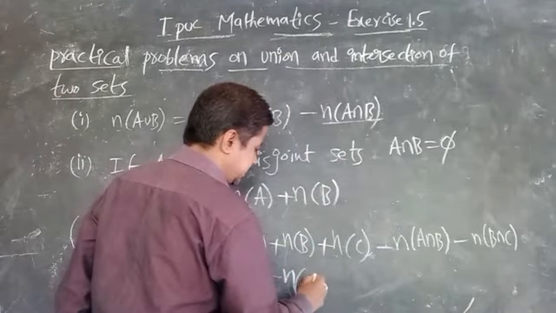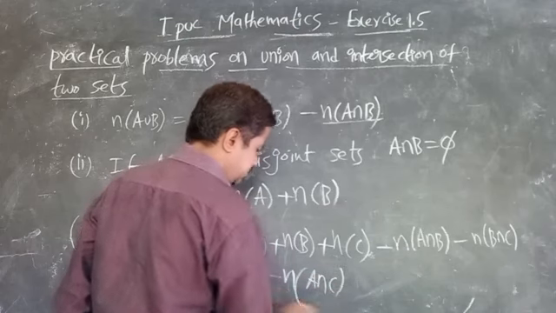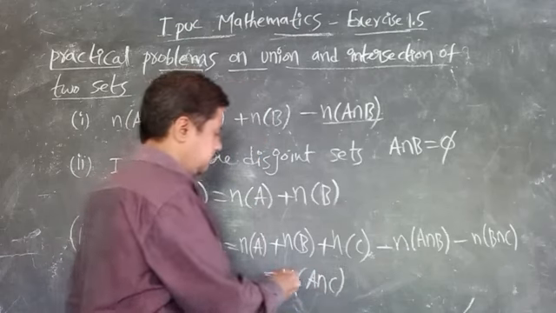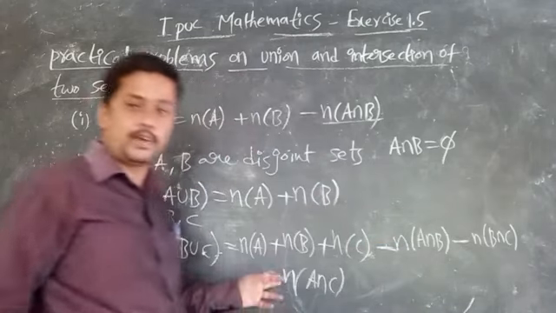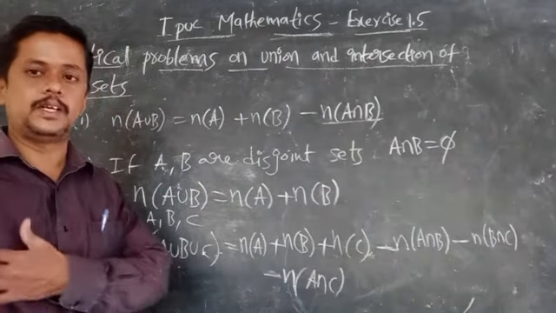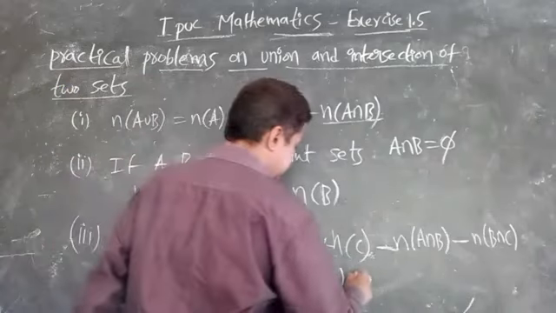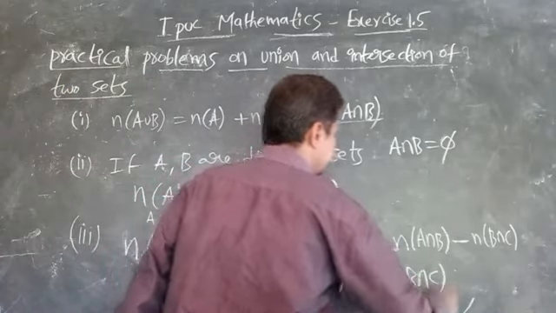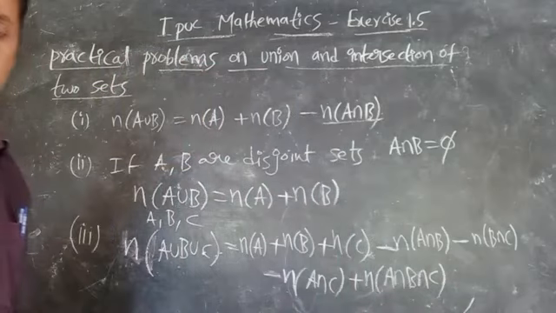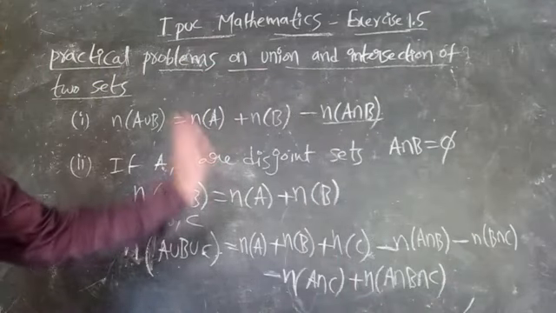C intersection A or A intersection C, whatever. Three values with minus. Next plus again plus n of A intersection B intersection C. So this is the formula.